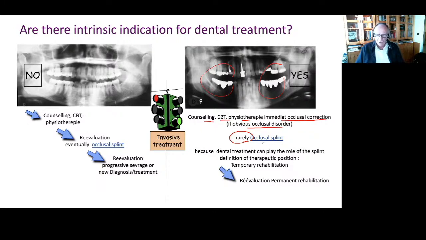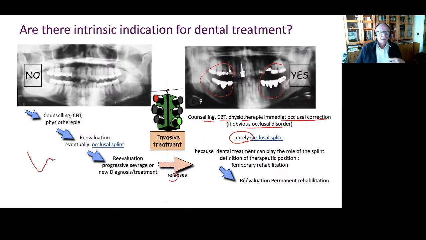And after, permanent rehabilitation. The difficulty for difficult cases is when a patient with natural teeth has a relapse. You make the treatment, he is going better, and the pain is coming back.